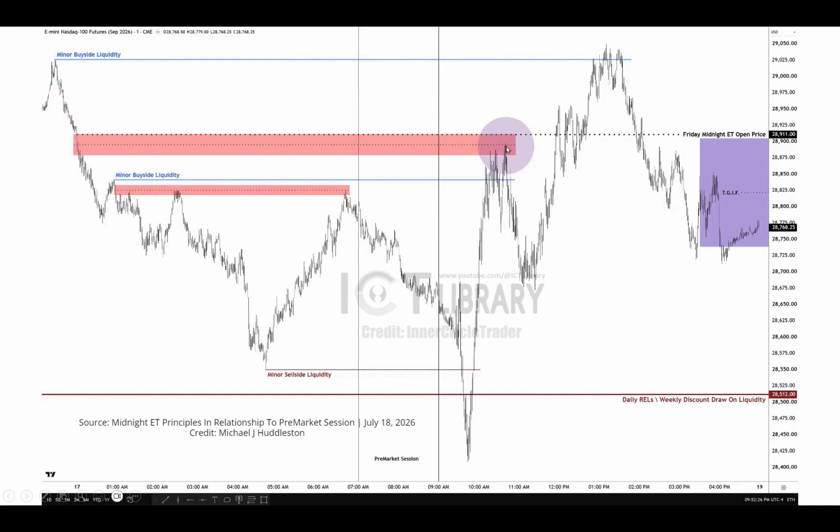Okay, to it here, consequent encroachment. Then right in here, where I was giving you the review and teaching you that 8-minute long lecture about why we don't look for these relative equal highs in between 7 o'clock and 9 o'clock, because it's going to the weekly draw. It's going to go there, even though it's so close right here.